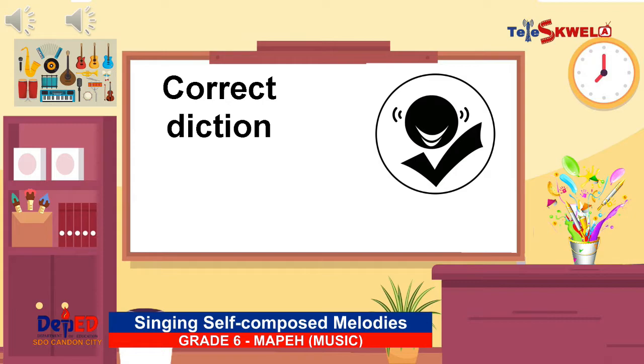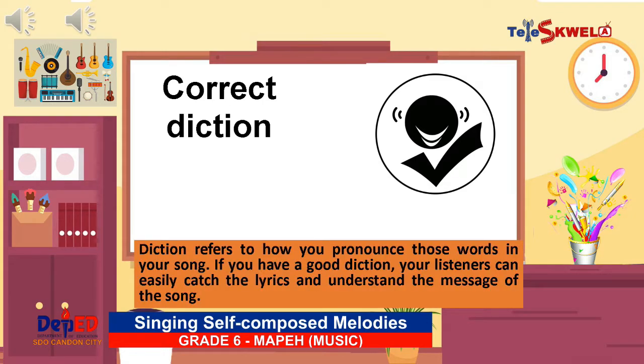Number 5 is correct diction. Singing is literally a vocal art, so it is important that vowels resound articulately. Diction refers to how you pronounce those words in your song. If you have a good diction, your listeners can easily catch the lyrics and understand the message of the song.